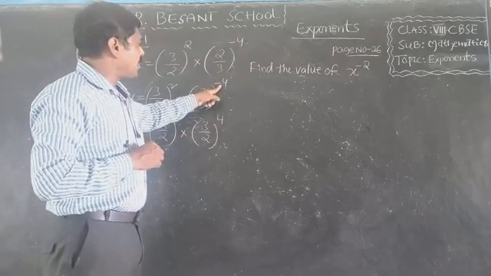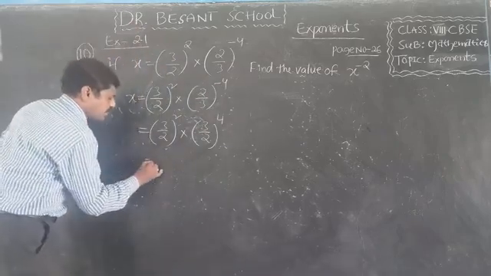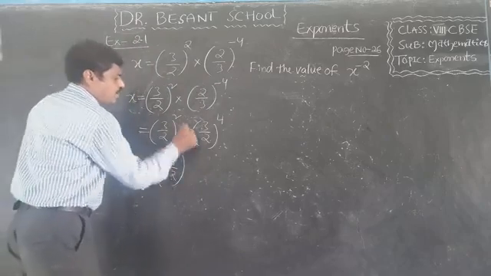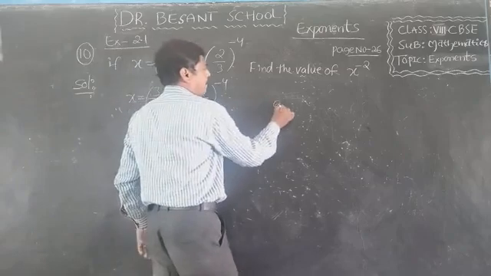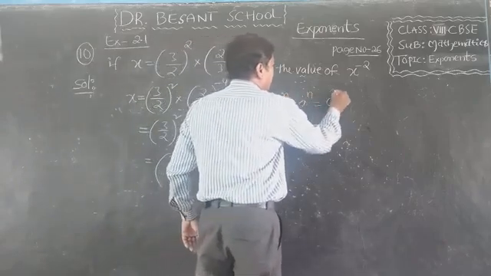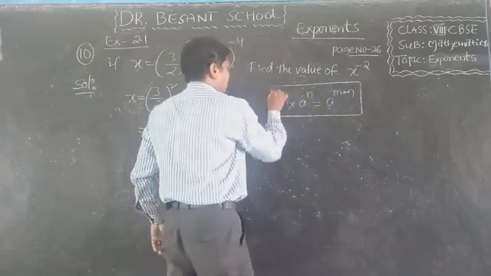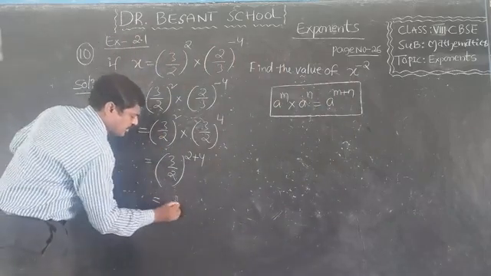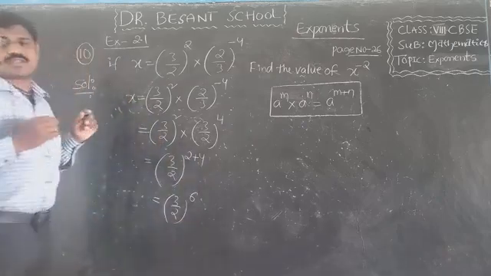So the exponent minus 4 will become plus 4. Now, (3/2)^2 into (3/2)^4. a^m into a^n is equal to a^(m+n). So that is equal to (3/2)^(2+4), that is (3/2)^6.